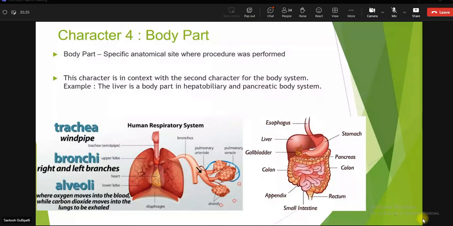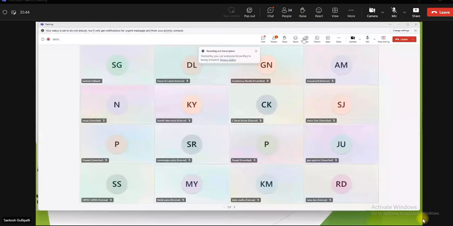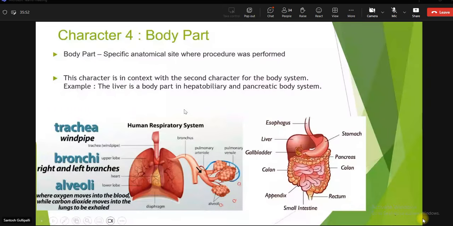Trachea, upper lobe lung, right lower lobe, left lower lobe, bronchus. These are all the lung parts. Now, for example, the patient comes for right lower lobe lung cancer. The physician performed a right lower lobectomy, removing the entire lobe because of this cancer. In that case we can give one specific procedure code for right lower lobectomy.